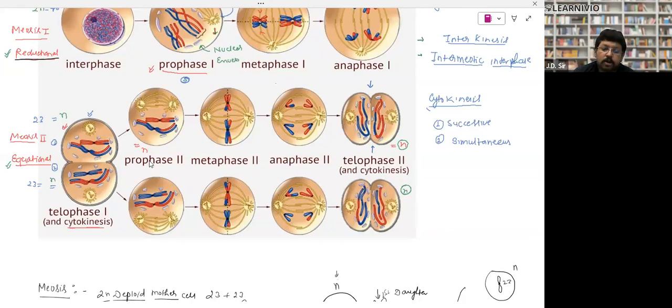Full stop. Daughter chromosomes reach the opposite poles. Full stop.